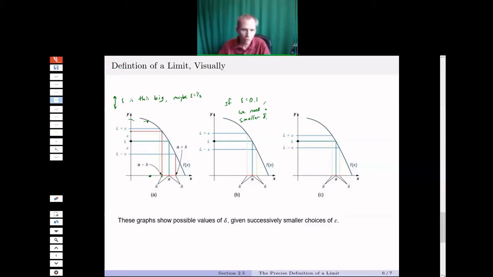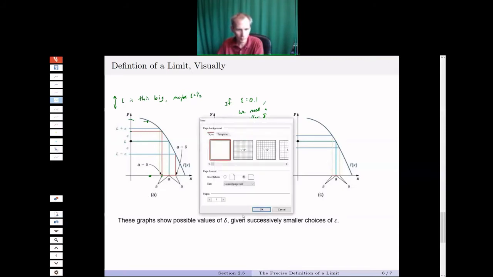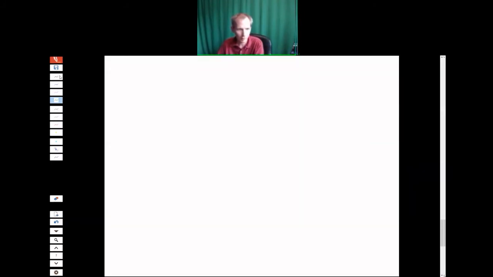Okay, so let me give you an example, using a real graph. We're just going to plug in some numbers and figure out what an epsilon and a delta might look like with concrete numbers. So let's suppose here's my graph.